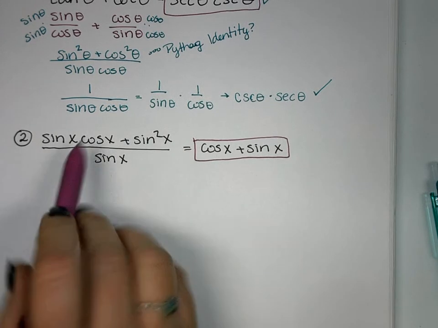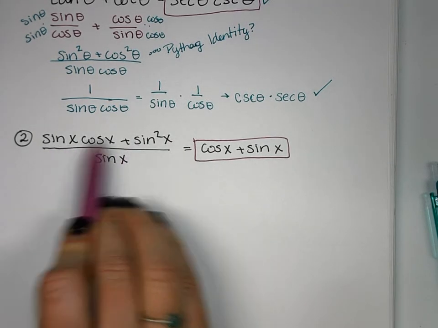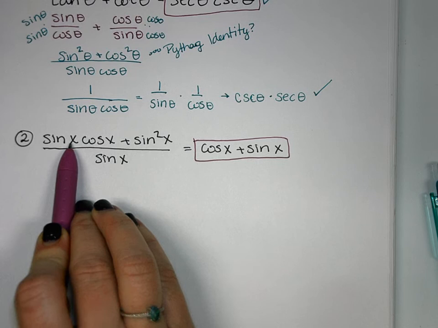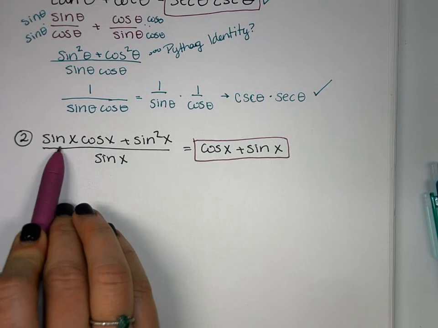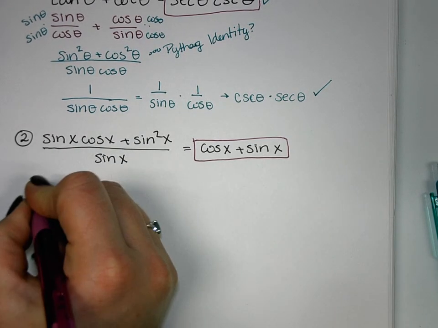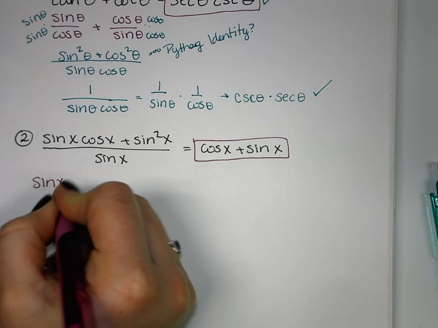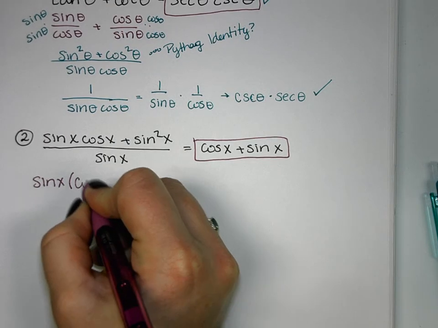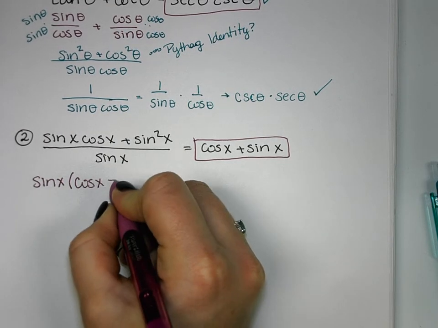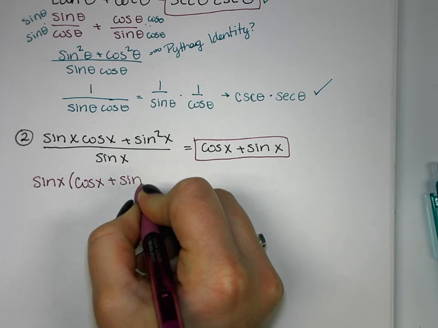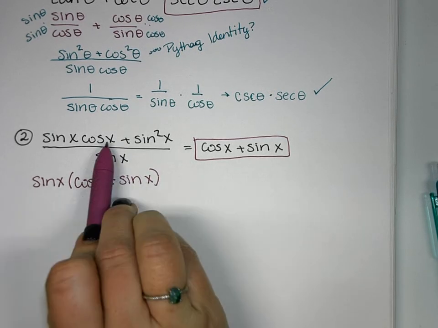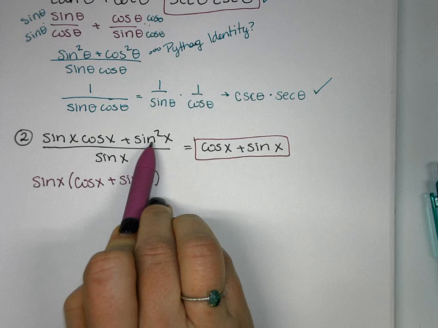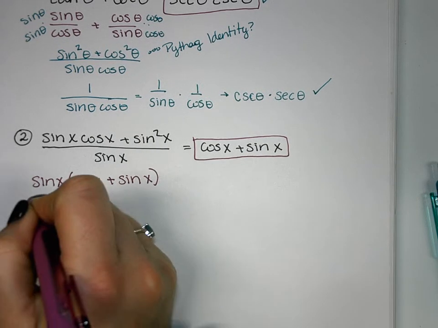So like I was saying, I noticed that on top both of these had a sine x. This one has 2 sine x's, this one has 1. So we can take out a GCF of sine x. And when we take out that GCF, we're left with inside a cosine x and 1 sine x.